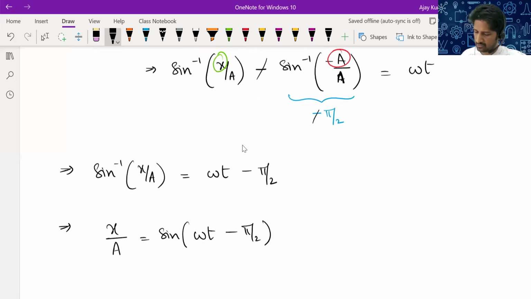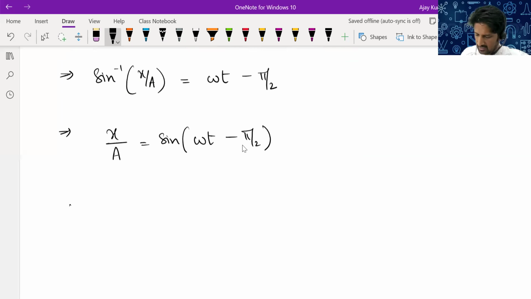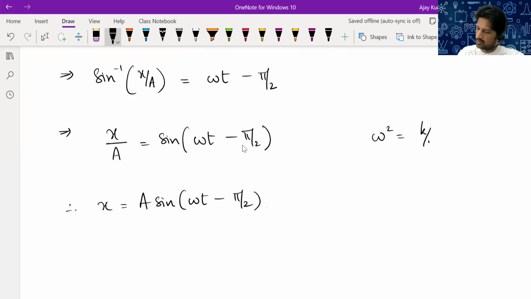Now send a to that side. You finally get x is equal to a sine of omega t minus pi by 2. You see that term omega appearing in this equation. We had replaced k by m with omega square actually. So omega is under root k by m. That term appears here.